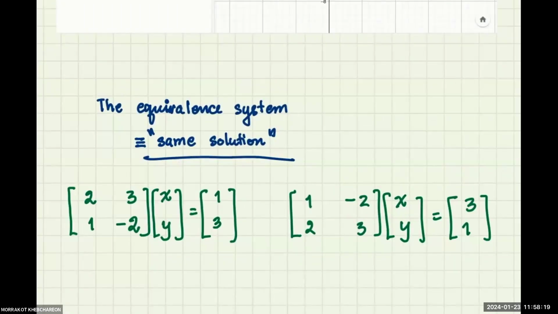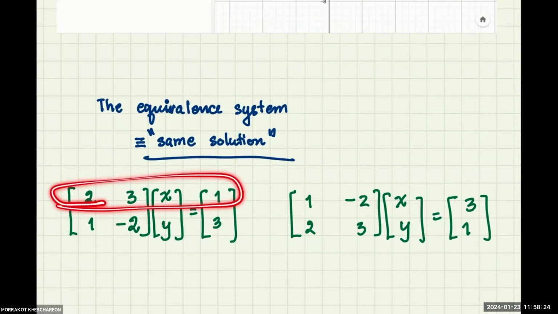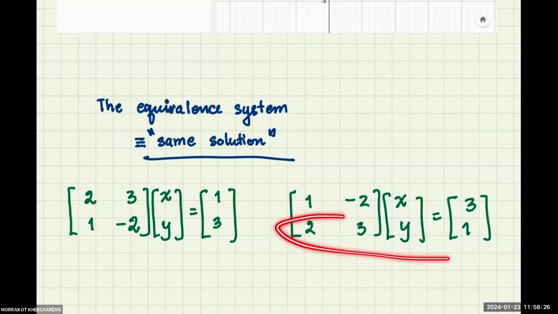Okay, you can see this one is the first row. I interchange row number 1 and row number 2 of the equation, and the systems are equivalent, okay? In the book, sometimes they use this notation, which means equivalent.